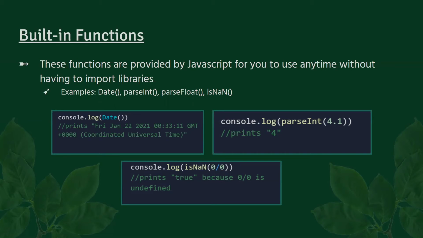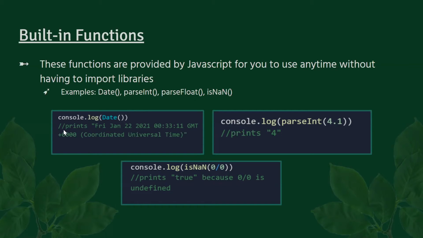Remember how last week we went through our list of operators, and slash meant divide, and double asterisks meant power of? Those are built-in operators. But JavaScript also gives you specific words that give you specific functions.